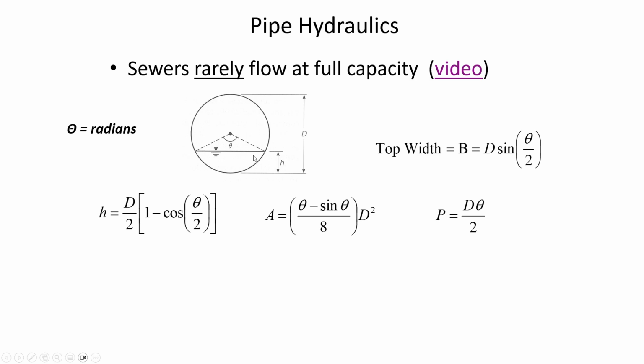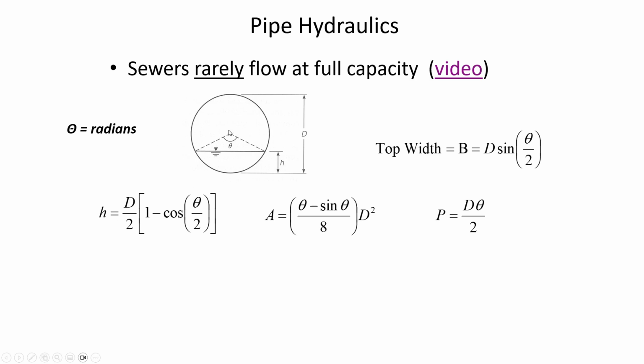And so the way that we deal with that in terms of calculating the area is by measuring the angle of the water surface in terms of radians. So, for example, if the water was up to the middle of the pipe, then you would have pi radians. So if it was halfway full, it would be pi radians. If it was all the way to the top, it would be 2 pi radians.